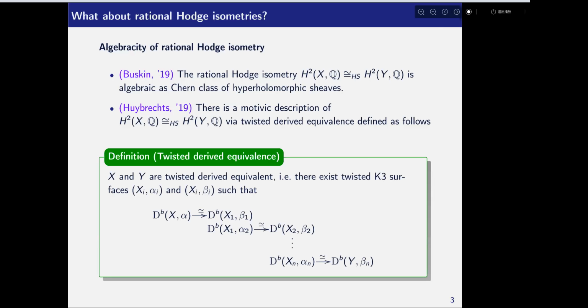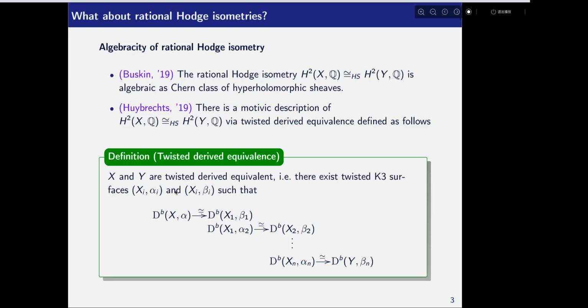So we say X and Y, two K3 surfaces, are twisted derived equivalent if there is a chain of twisted K3 surfaces (X_i, alpha_i) and (X_i, beta_i). So here, twisted K3 surfaces just means a K3 surface together with a Brauer class. Later, I will give more details. So here, just pretend that everyone knows twisted K3 surfaces.